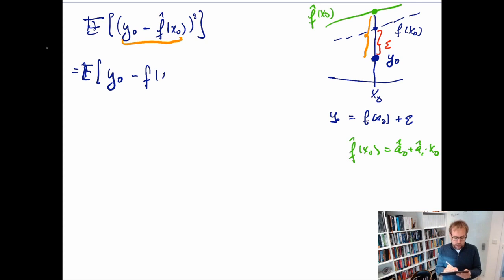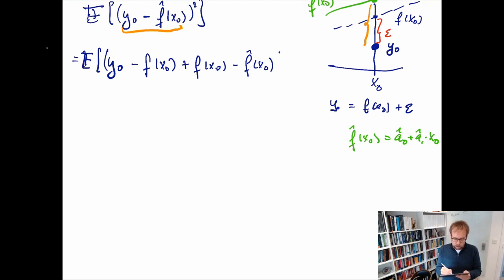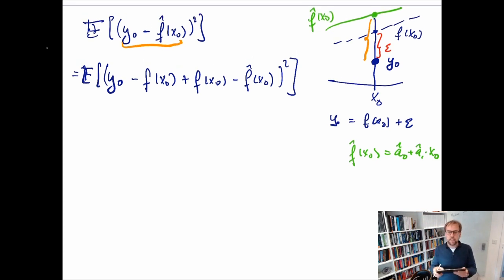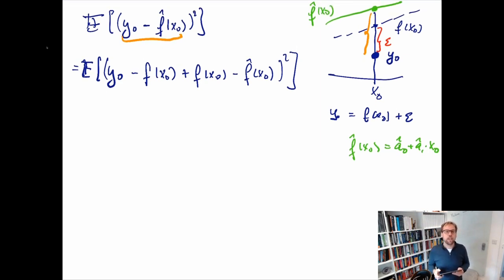So we subtract f of x0 and add it, which changes nothing, and then we still have the minus f hat of x0 which we had before, and the whole thing squared. We just added and subtracted the same term, so nothing has really changed. But now we can decompose the square. We can take this term and this term, and we know that a plus b squared will be a squared plus b squared plus 2ab.